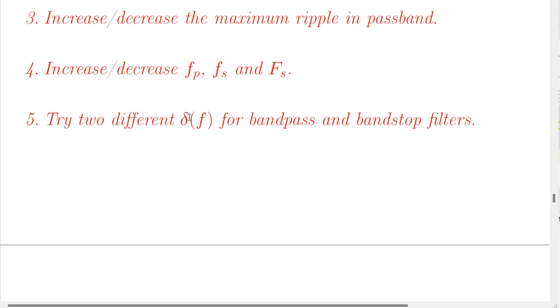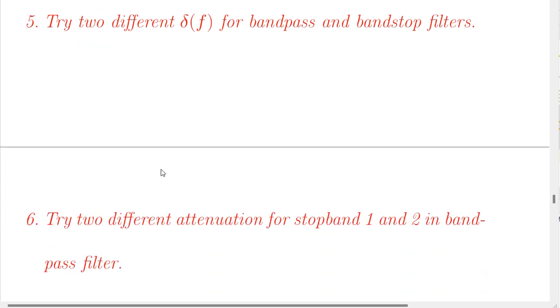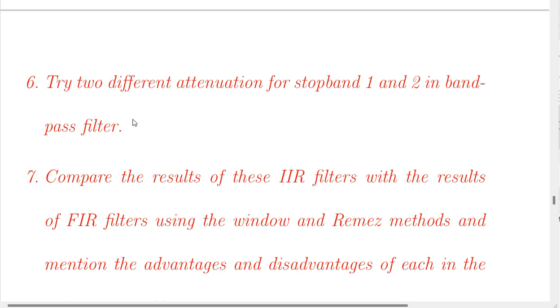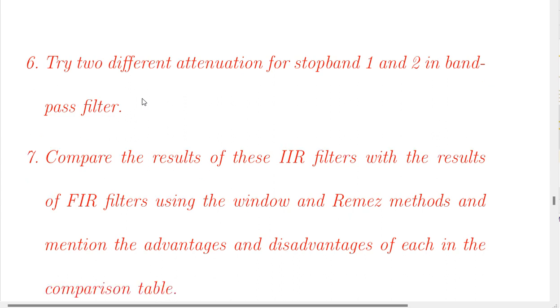You don't need to always have similar delta of F for bandpass and band stop filters. They could be different. So show the results. Try two different attenuation for stop band 1 and 2 in band pass filter. Again, they don't need to be equal to each other.